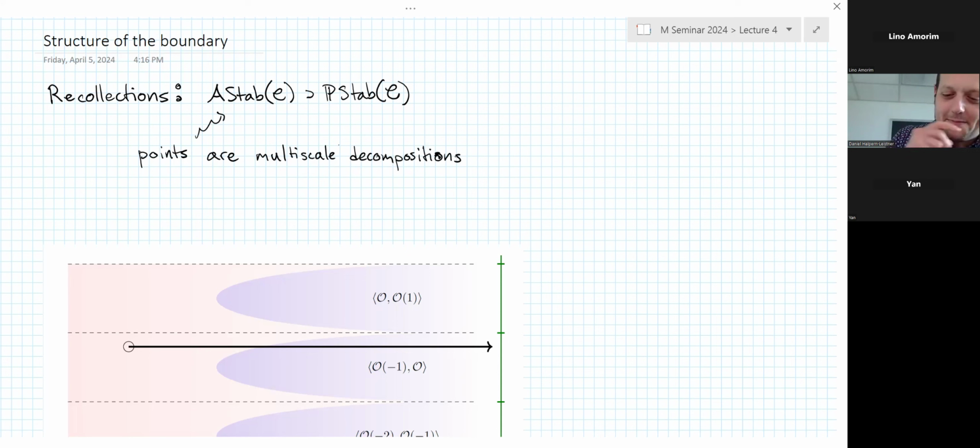Anyway, the points of these multi-scale decompositions. So this was our notation. They come along with a sort of marking function, like what you're saying, with the log central charge.